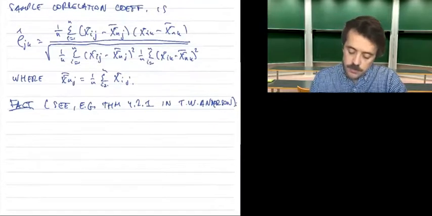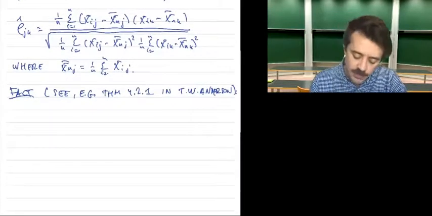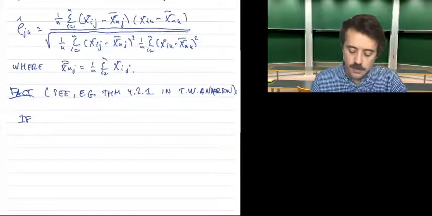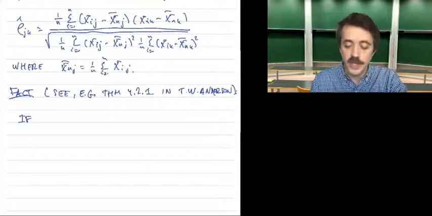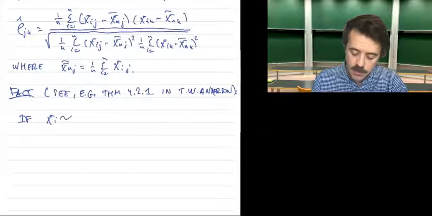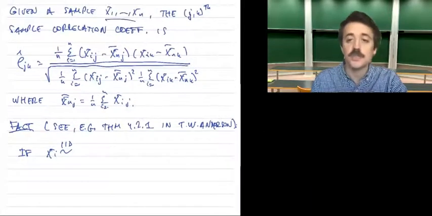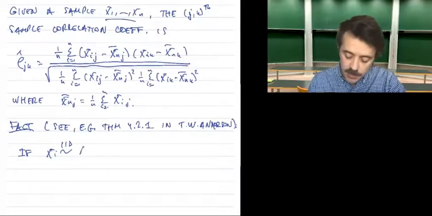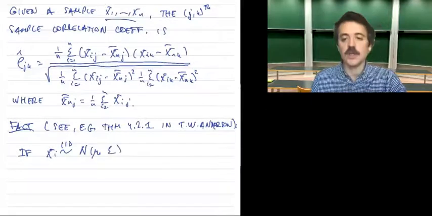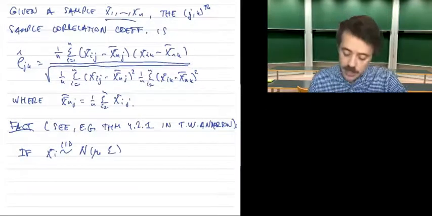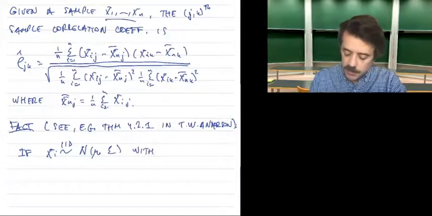Okay, so what do we have? We have that if our xi are IID, so I'm talking about a sample, according to a normal distribution with some mean mu and some covariance capital Sigma, but it has to have some particularity.